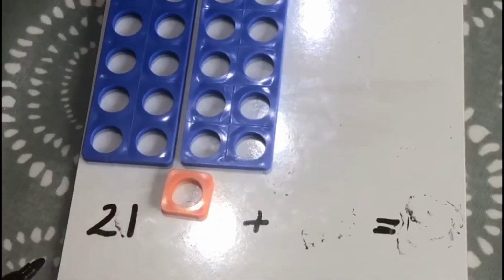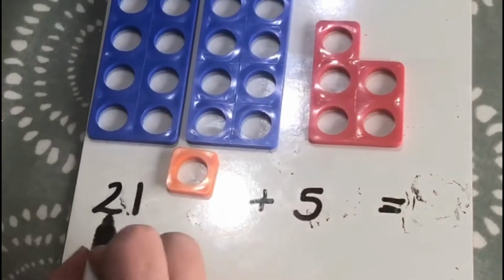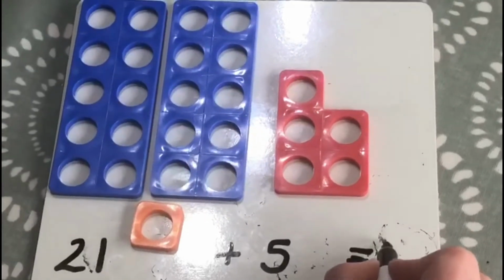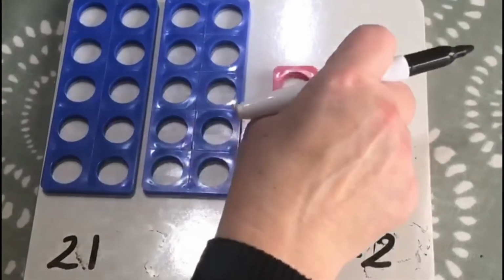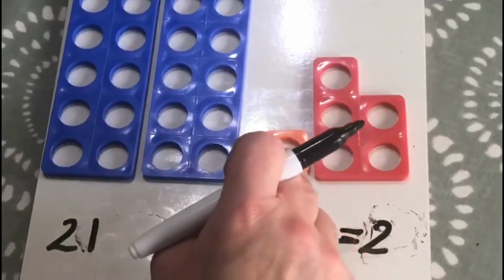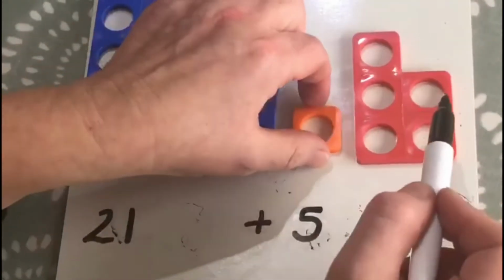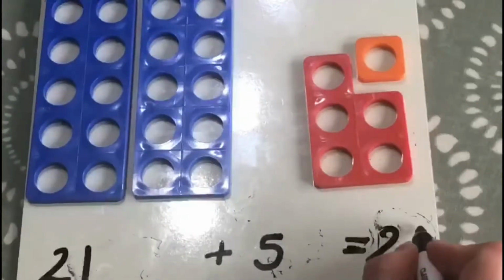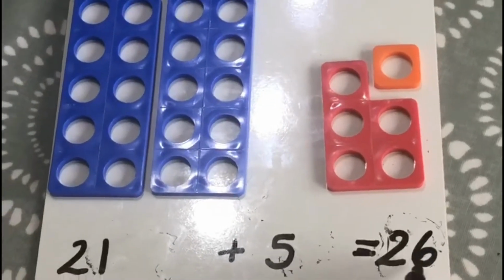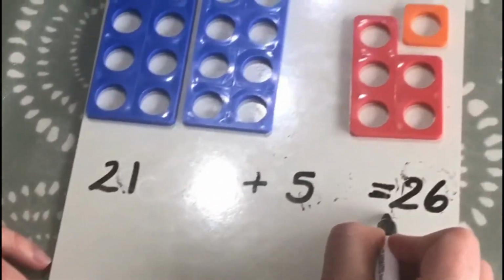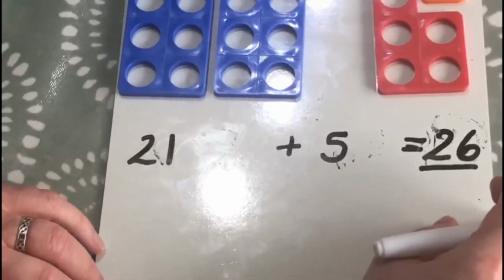And if I wanted to add 5 to that, 21 add 5, I would write down first of all that I have 2 tens, and then I would add the 1 and the 5 together. Now remember, sometimes it's easier to start with the bigger number, isn't it? So I could do 5, add 1 more is 6. So 21 add 5 equals 2 tens and 6, which is 26. Okay, maybe have a little go at a few of those at home as well.